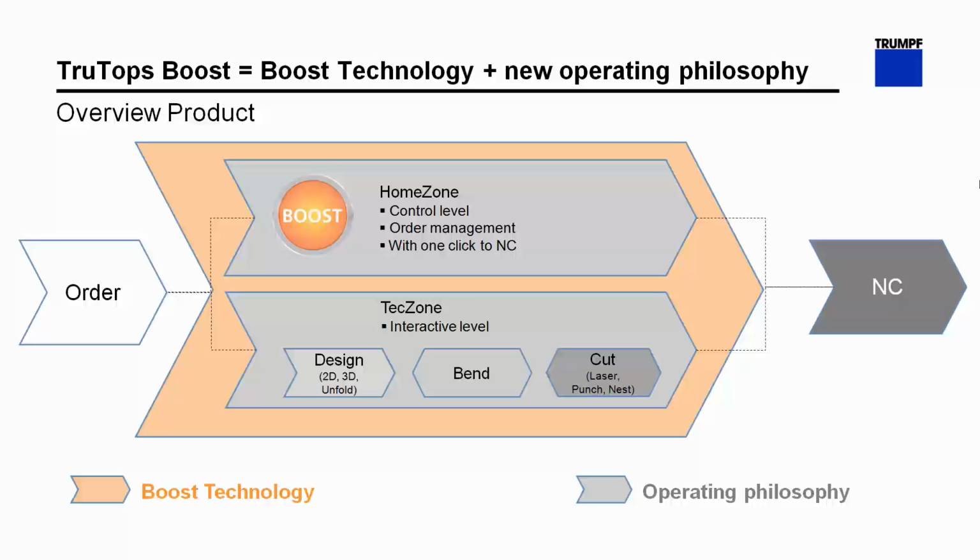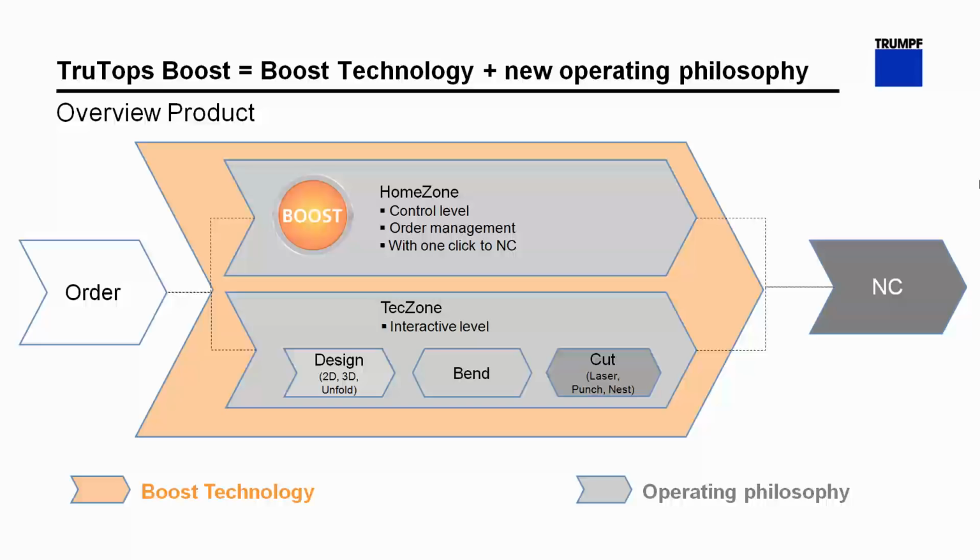The operating philosophy contains the division of this programming process into two levels. The first one is called home zone. That's our central control level and order management, and it contains a quite prominent boost button. And by pressing the boost button, you get to your NC program with one click.